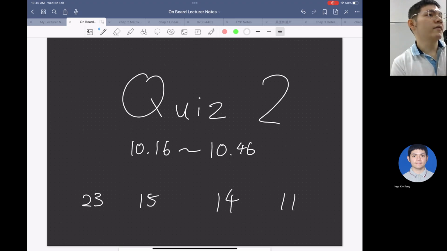Please pass it to the front. Just open up and compile it as a group, so I get four sets.